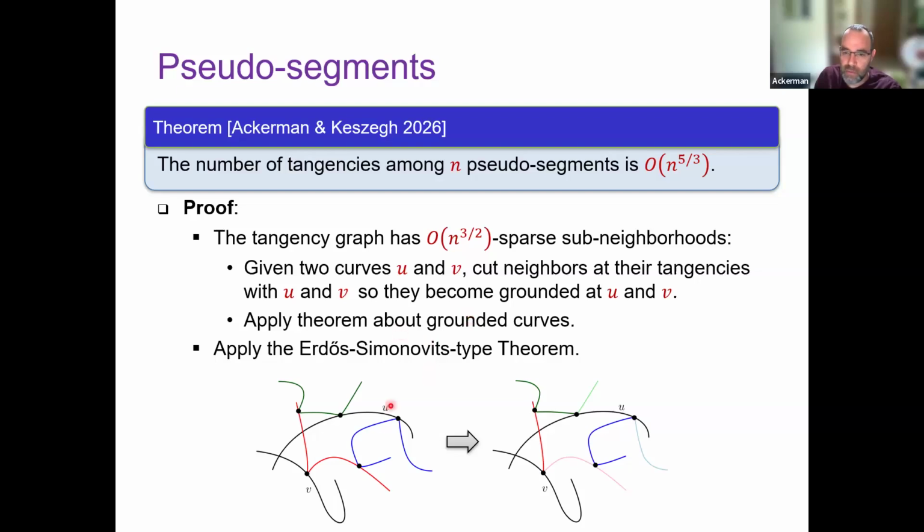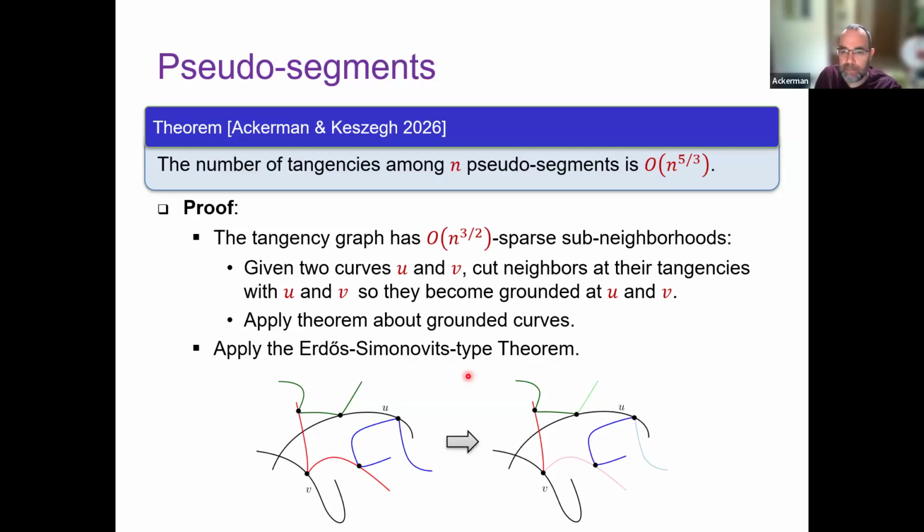And this is so because we can cut every neighbor of u and v. So for example, I can cut this red curve into two curves, so both of them are grounded at v. We do it for every neighbor of u and v, and then we get the setting of grounded curves, and we can apply the theorem about grounded curves, and then apply the Erdős-Simonovits type theorem. And this completes the proof.